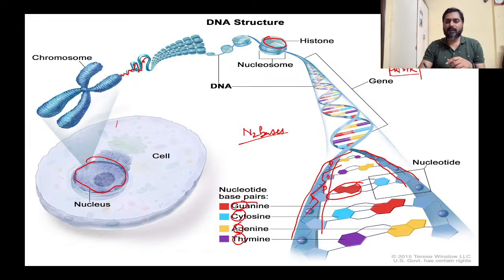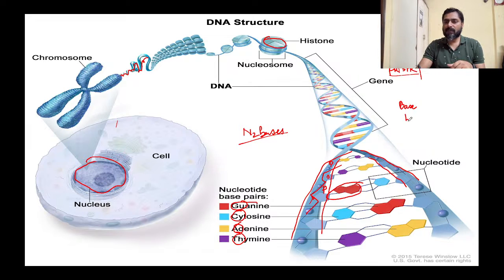So on one side you have a particular nitrogen base. On the other strand also you will have a corresponding nitrogen base, but there is what is called the base pairing rule.